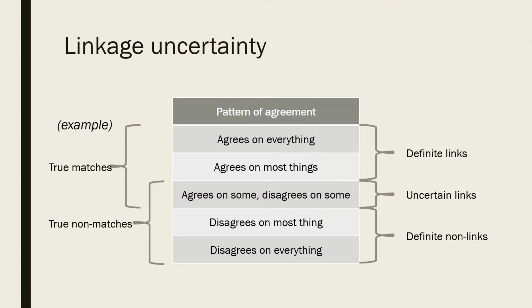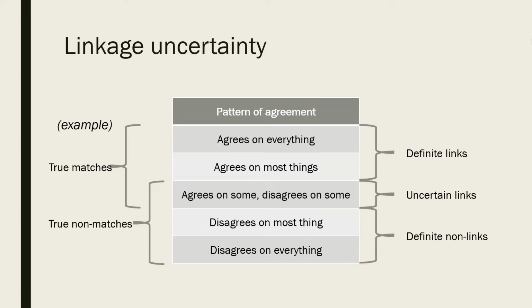Now, uncertainty in linkage arises from overlap in the patterns of agreement that are exhibited by matches, the true matches and the true non-matches. Usually it's the case that there are some patterns of agreement for which some of the record pairs that exhibit that pattern are matches and some are not.